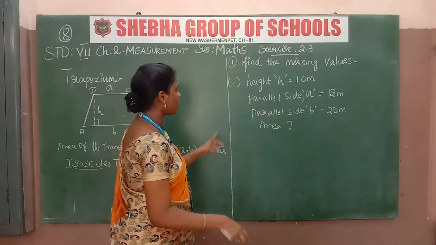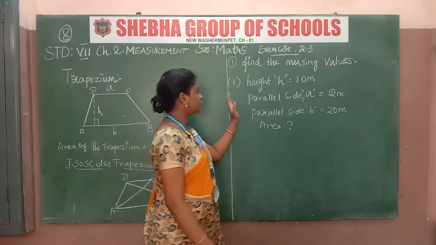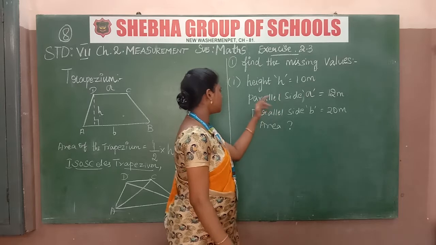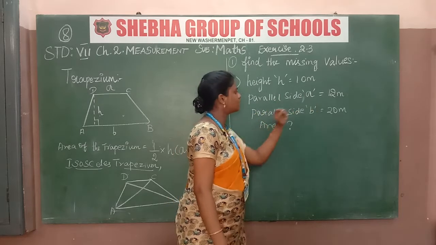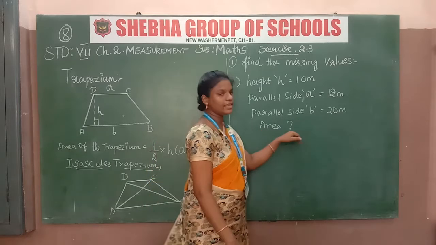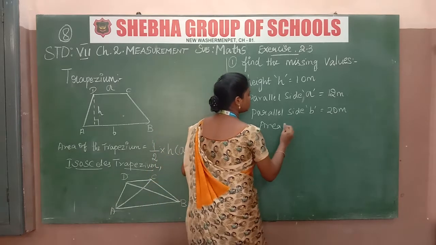The first sum: find the missing values. The first one: the height H is 10 meter, one parallel side A is 12 meter, and the other parallel side B is 20 meter. Find the area. What is the area of trapezium formula?